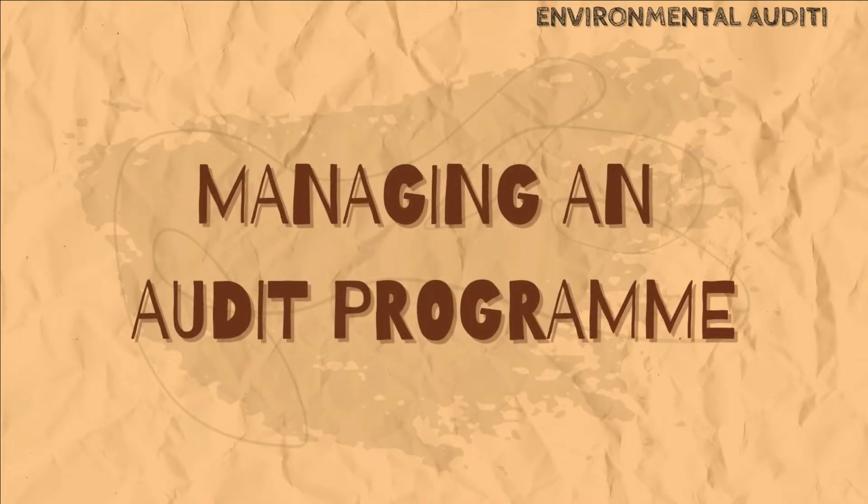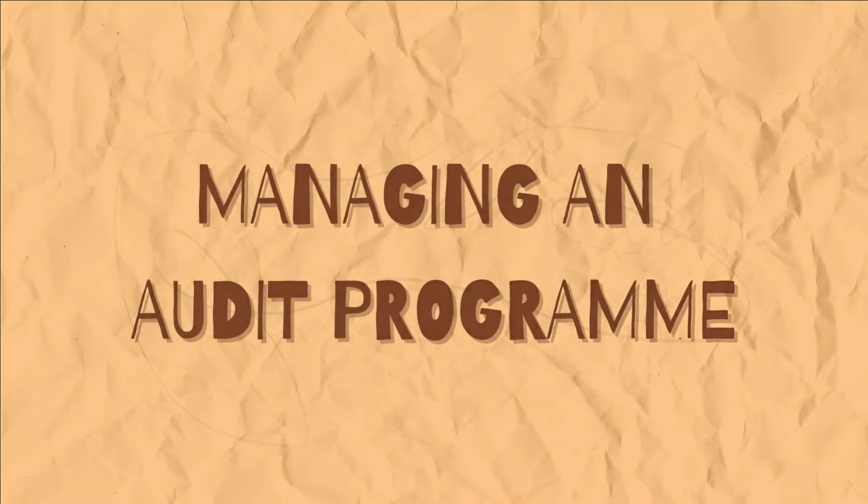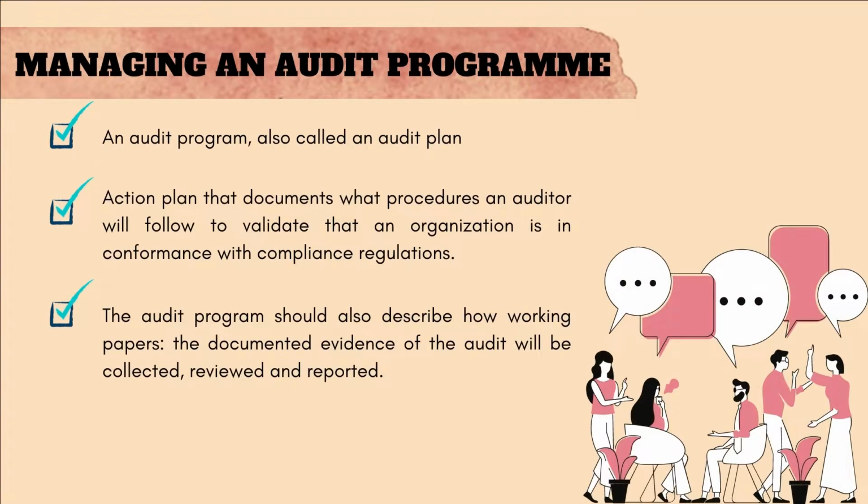Now, let's take a look at how we will manage an audit program. Other than being called an audit program, it is also called an audit plan. It is an action plan that documents what procedures an auditor will follow to validate that an organization is in conformance with compliance regulations. The audit program should also describe how working papers, the documented evidence of the audit, will be collected, reviewed, and reported.